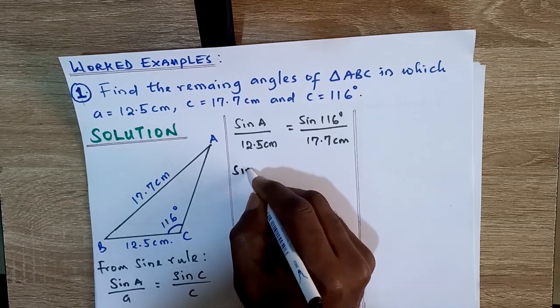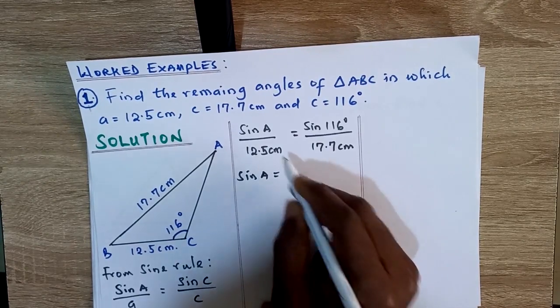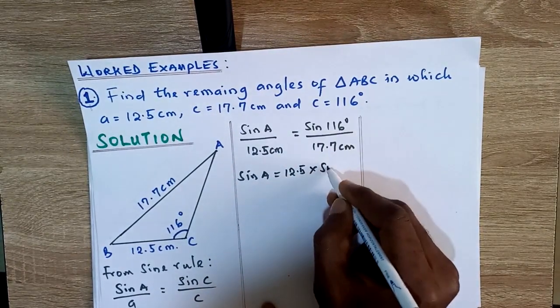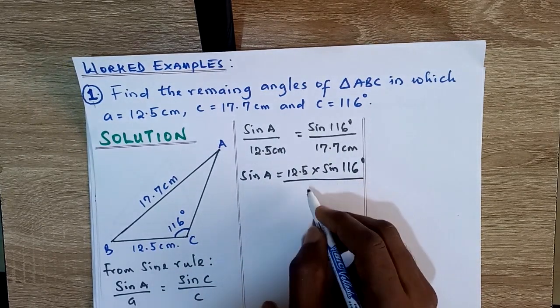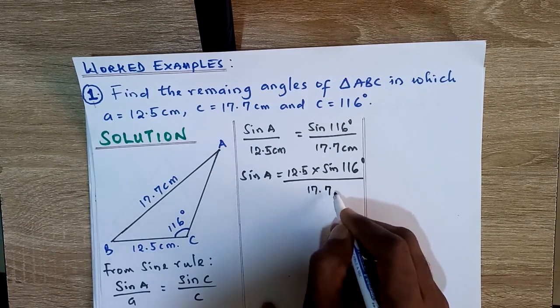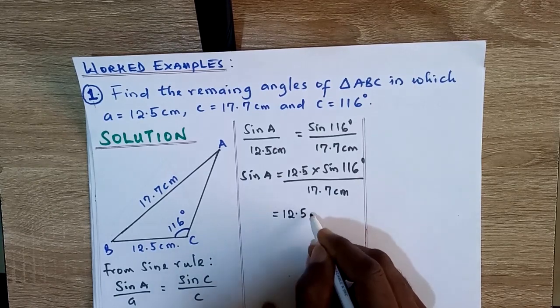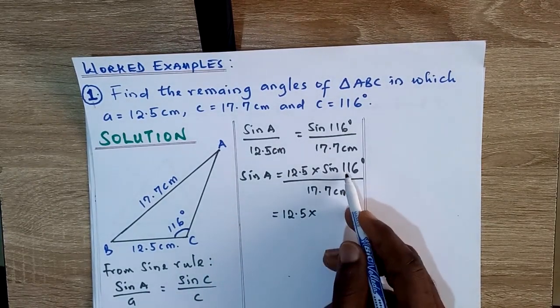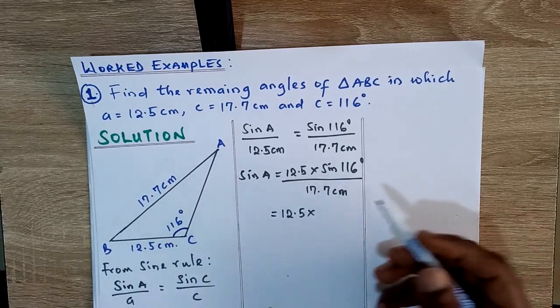That means sine A will be equal to 12.5 multiplied by sine of 116 degrees divided by 17.7 centimeters. You can get the sine of 116 degrees from your calculator or using the four-figure table.